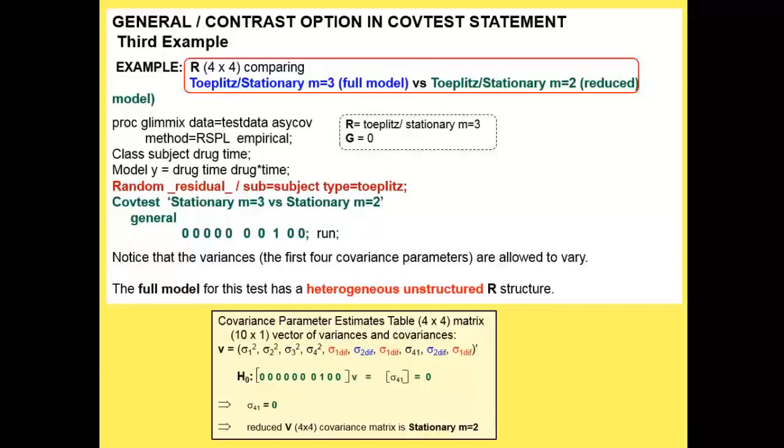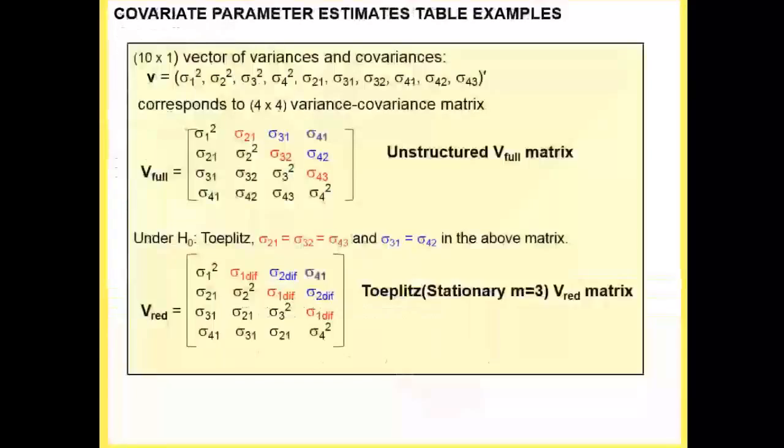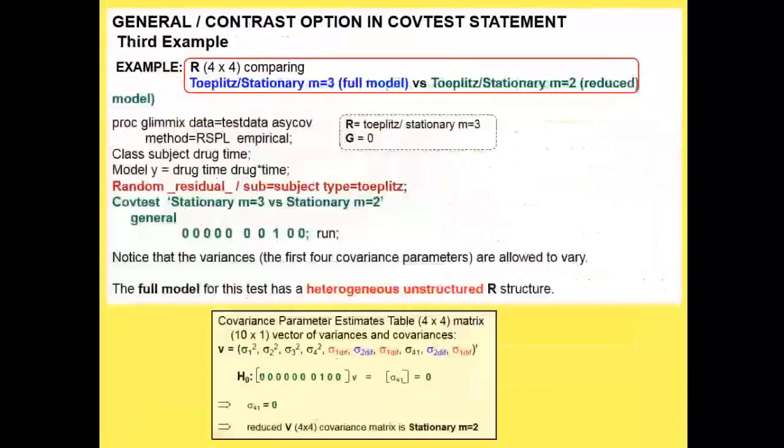So stationary m equal 3. Now look at the model statement here where it says model y equal drug time. This is just a test thing, but look at the random residual statement. It says subject equals subject, type equal to toeplitz, whereas previously I had type equal to unstructured, or UN.